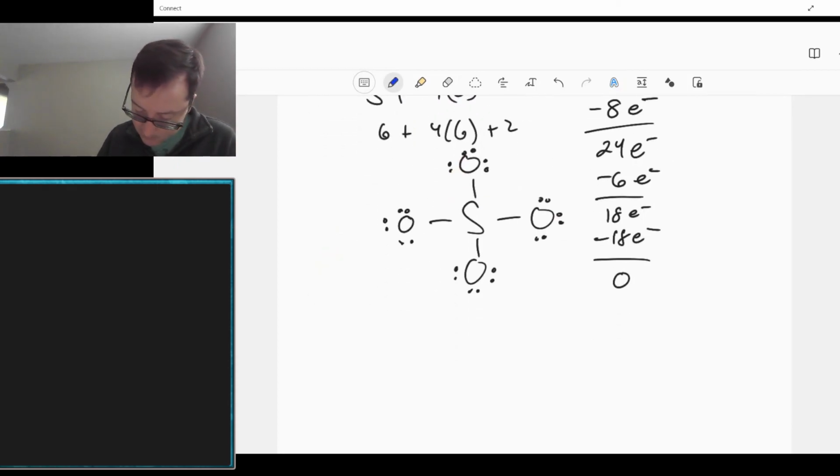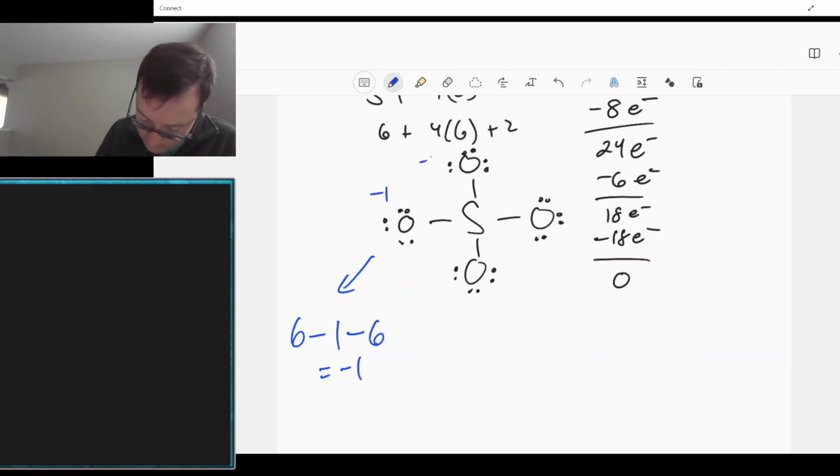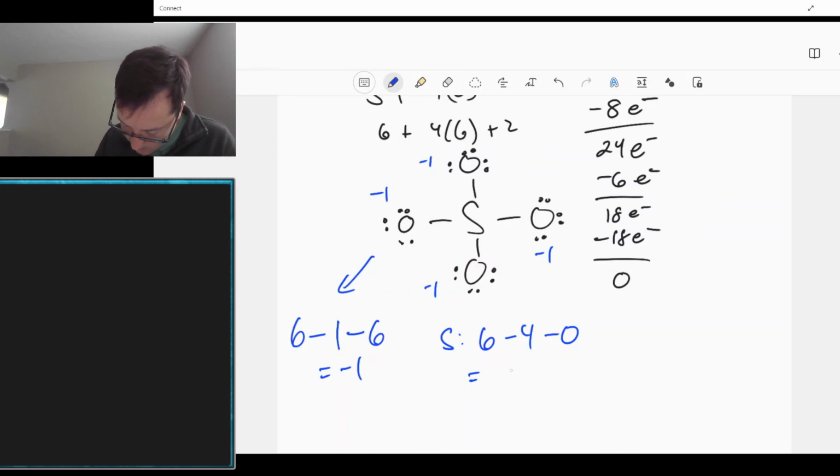And you see that all of these oxygens have 6 valence electrons minus 1 bond minus 6 lone pair electrons. All of these guys have -1. And if we look at the sulfur, it's got 6 valence minus 4 bonds minus no lone pairs, so plus 2.